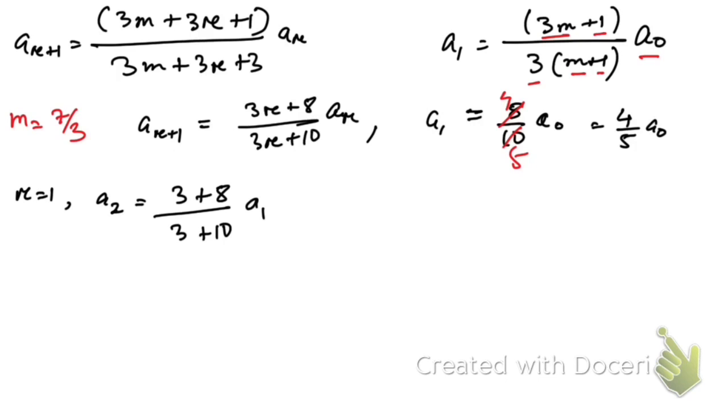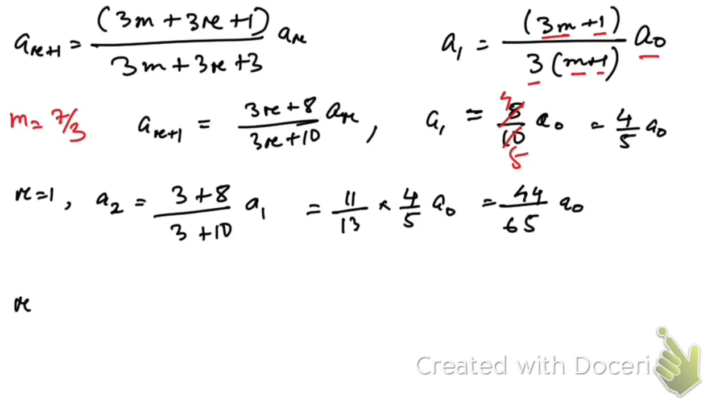Now put the value of a1 here, then you're going to have 11 by 13. a1 is 4 by 5 a naught, right? So that's going to be 44 by 65 a naught. That's what we're going to have, right?